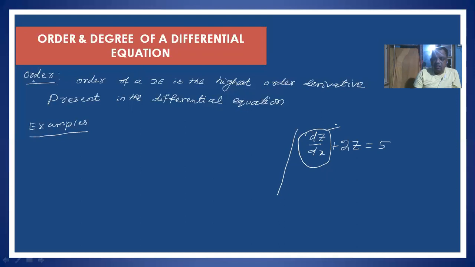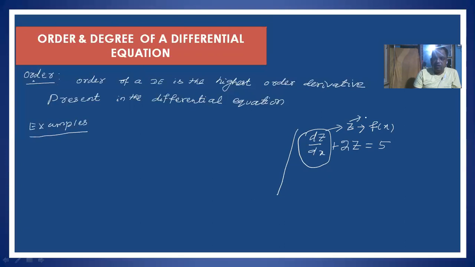It means that z is a function of x. That means the value of z depends upon the value of x.